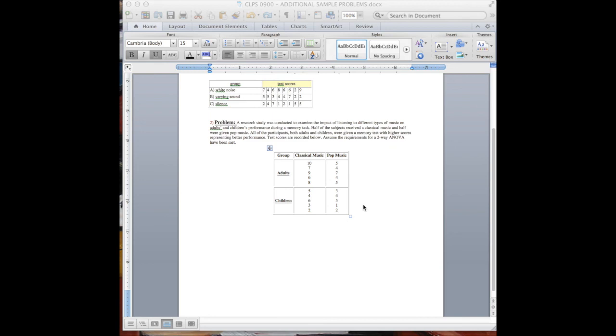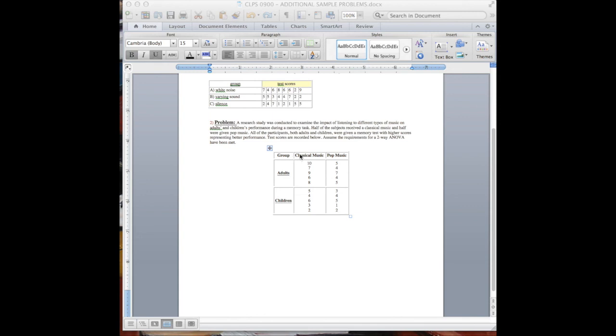So here we have two factors with 2 levels each, and I believe the way that Professor Wright notates it, the rows would be factor A, and the columns would be factor B. So one factor would be, I guess, age with 2 levels, adults and children.